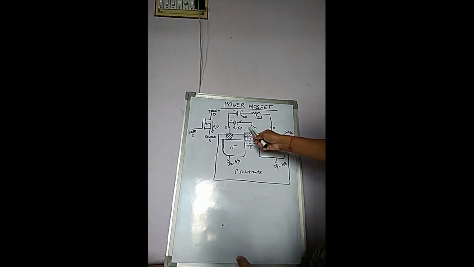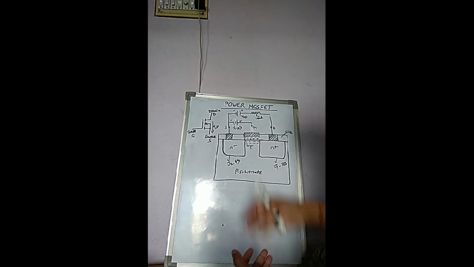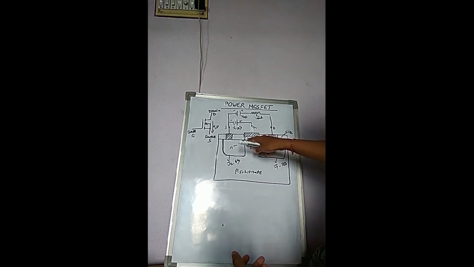Okay, so once the gate is made positive with respect to source, its opposite polarity charge or field is developed here. If a negative field is developed here, then the opposite polarity is the positive field. So first a negative charge field is created, and then a positive charge field is developed.